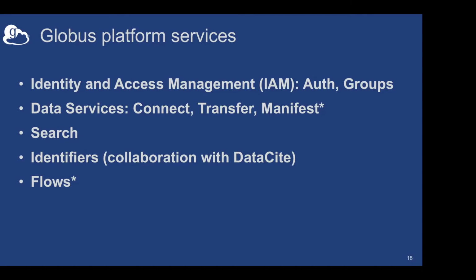A new one that's in development right now is a manifest service. You can think of this as a way to logically define a collection of data that in some cases may be spread over multiple endpoints, but you can actually treat a logical set of data as a unit and then pass that around, transfer it, share it, and so on, and ensure data integrity by checking things like checksums in the manifest for all the data items.